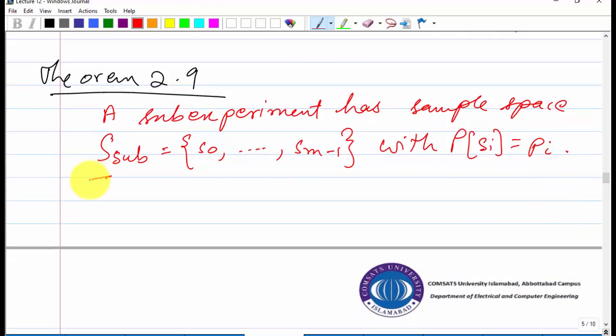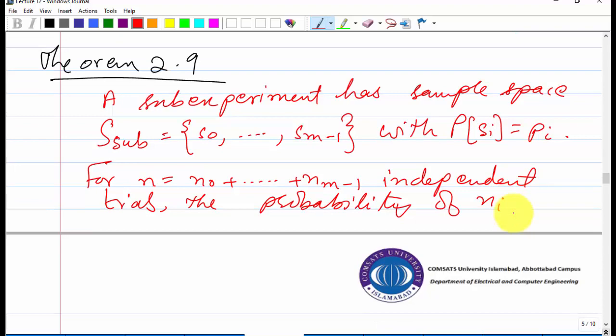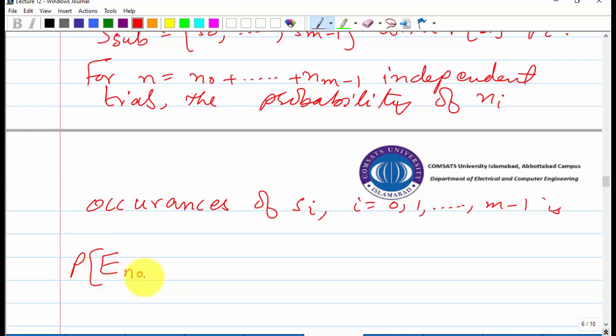So for n equal to n naught plus up to n m minus 1 independent trials, the probability of Ni occurrences of Si, with i equal to 0, 1 up to m minus 1, is the probability of the event: S naught occurs n naught times, S1 occurs n1 times, S2 occurs n2 times, and so on up to m minus 1.